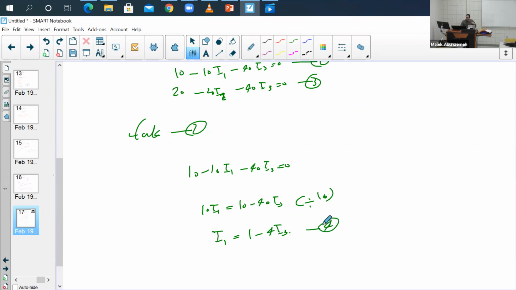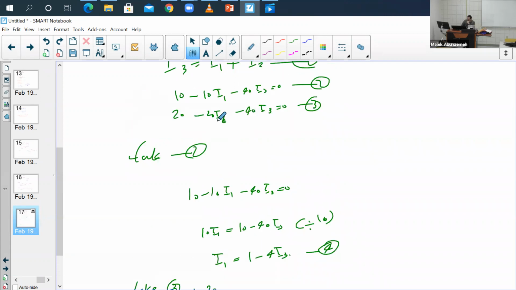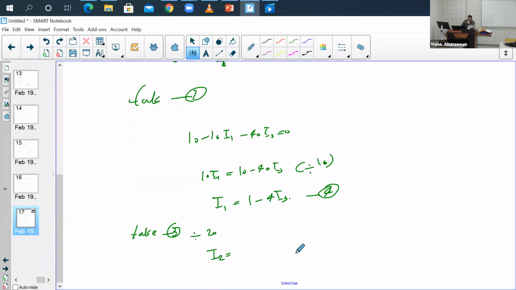Now let's do the same thing for equation 3. Take equation 3 and divide it by 20. So your I2 is going to equal, I2 is going to go over there, 1 minus 2 I3.